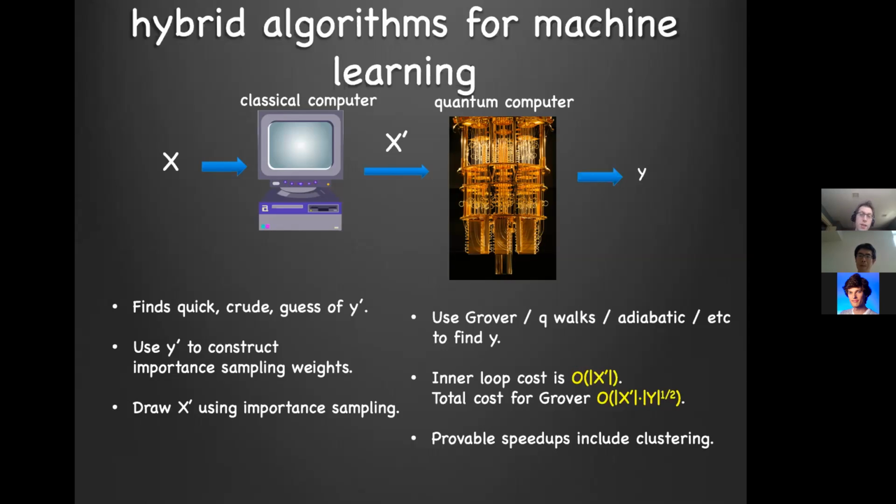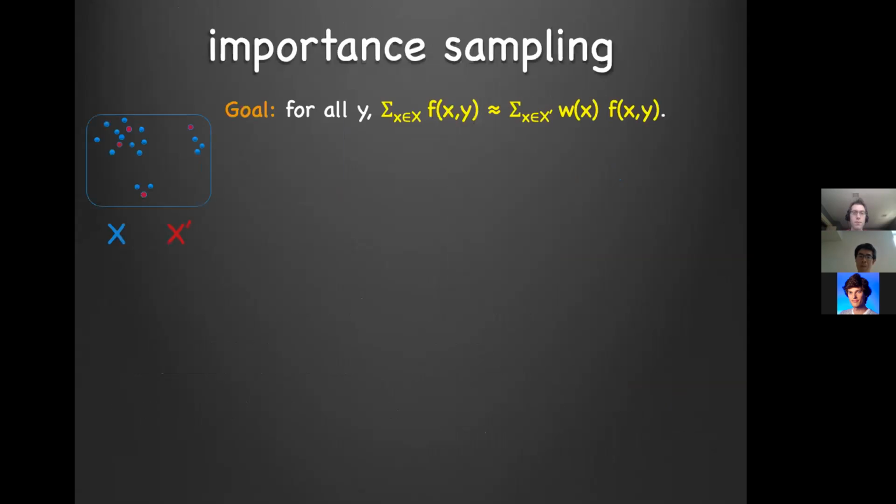And this yields speedups for, I've been talking about clustering as an example, because this is one where this framework gives you a provable speedup. Provable in the sense of, we know what the runtime bounds are, and this is better than the best known classical algorithm. So maybe I'll say a little more concretely how this importance sampling works.